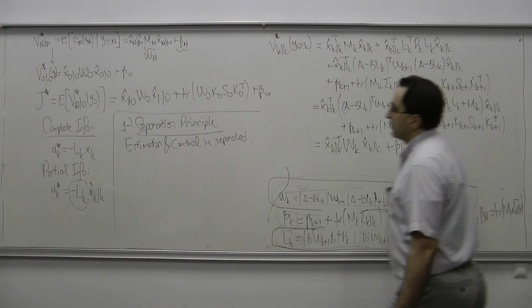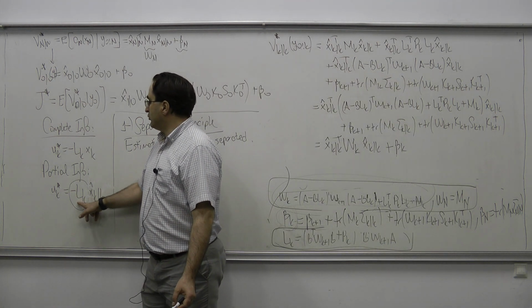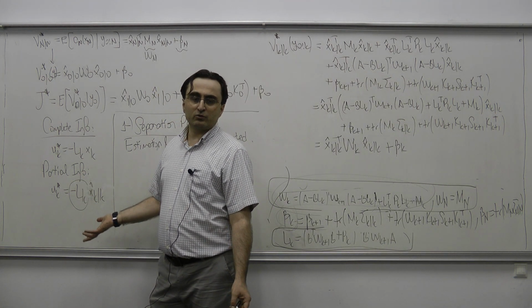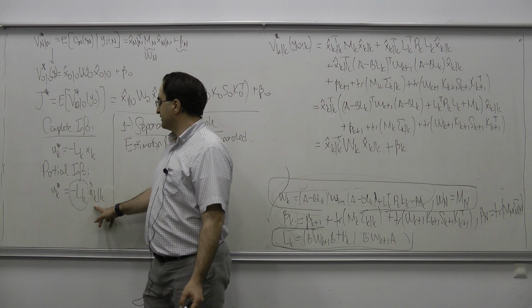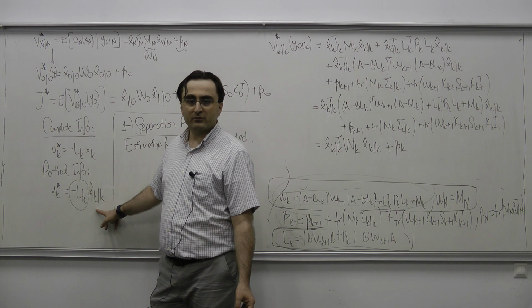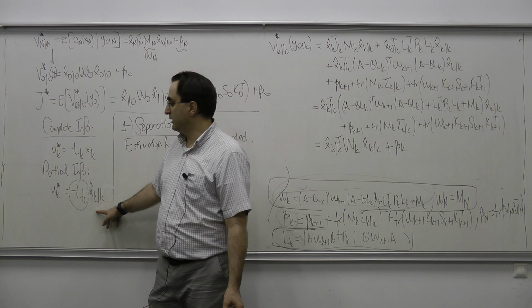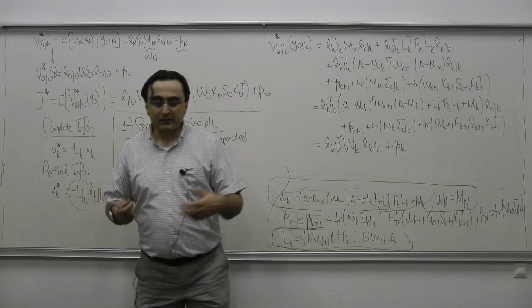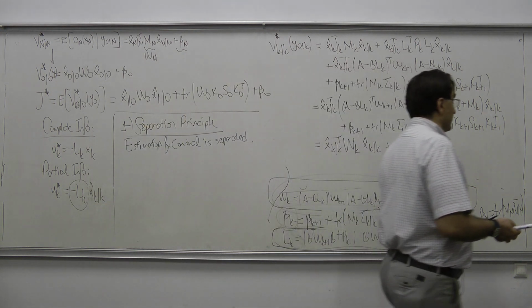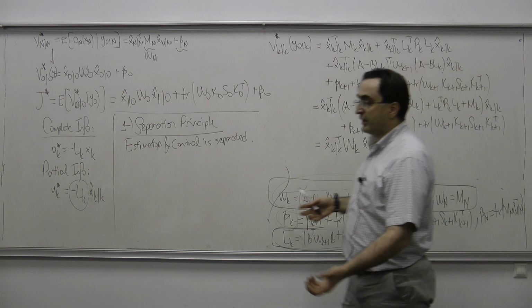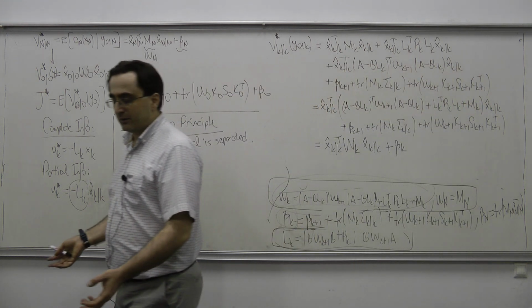So the calculation of LK, which is related to control, is separated from the estimator, which is the Kalman filter. So in this control solution, estimation and control tasks were separated at the end.